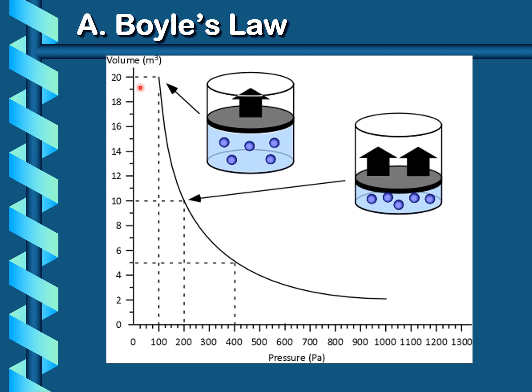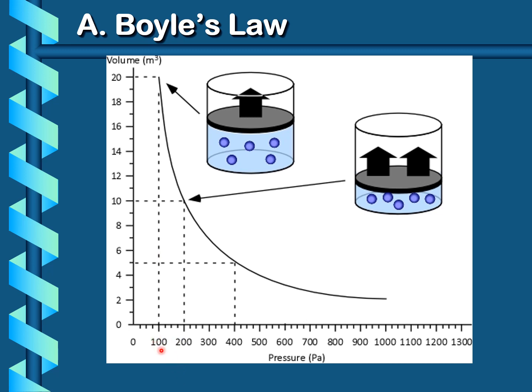For example, at a pressure of 100 pascal, the volume of the gas shown here is equal to 20 meter cube. If you increase the pressure to 200, doubling it, you will observe that the volume of the gas is also reduced from 20 meter cube to 10, or half of the initial condition.